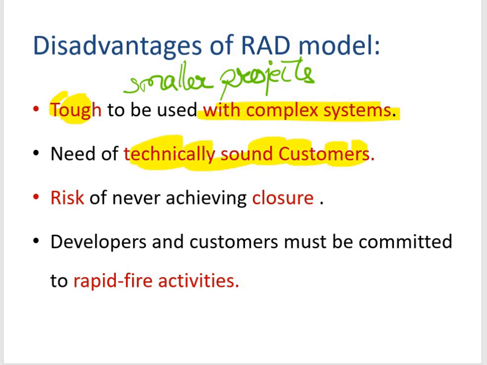Then only the customer can give me some inputs. Now, risk of never achieving a closure, once again, the reason being iterative in nature. Customer is stringent and is never happy. Then developers and customers must be committed to some rapid fire activities because everything is happening in a very short span of time.